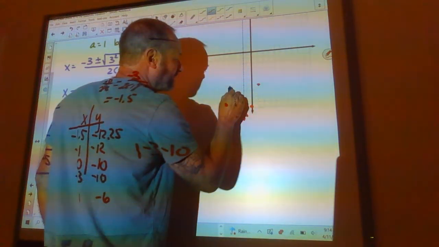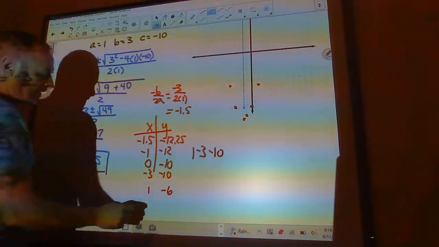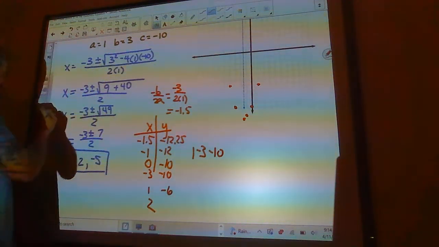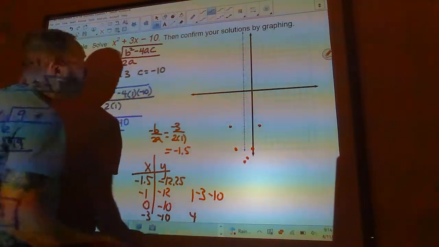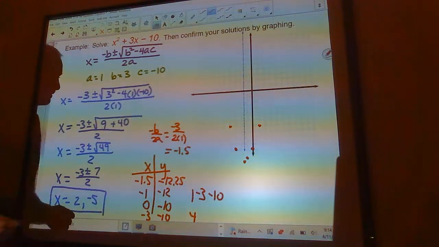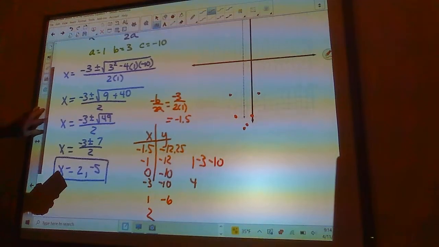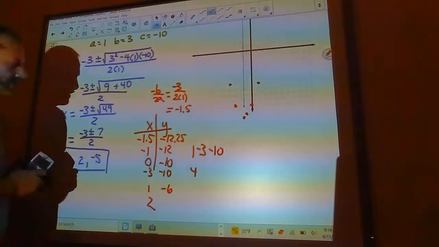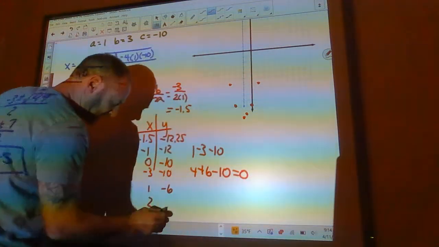That's going to give me a negative 6 right here as well. And then we can go ahead and try 2. Okay, 2 squared is 4. Plus 3 times 2. Yep. 3 times 2 is 6. So it's plus 6 minus 10. That comes out to be 0. Hey, that goes right there.